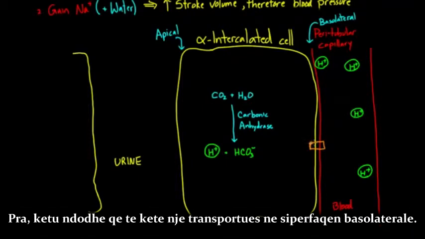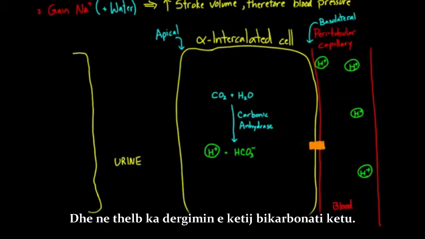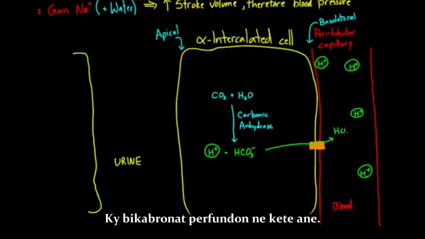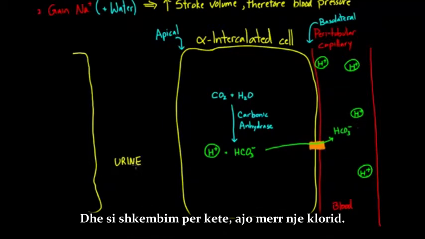There happens to be a little transporter in the basolateral surface, and it sends this bicarb across, so the bicarb ends up on this side. In exchange for doing that, it takes on a chloride. No big deal.